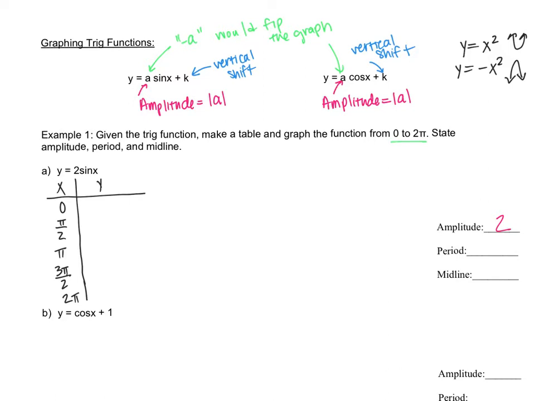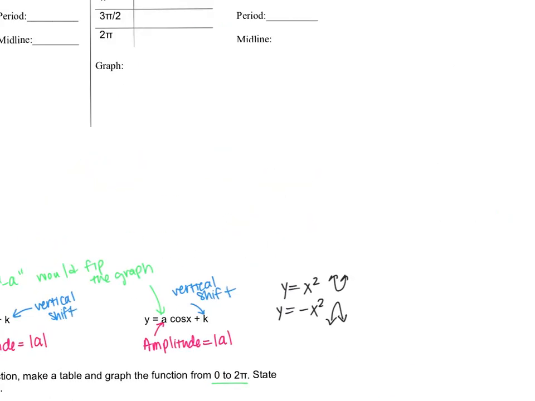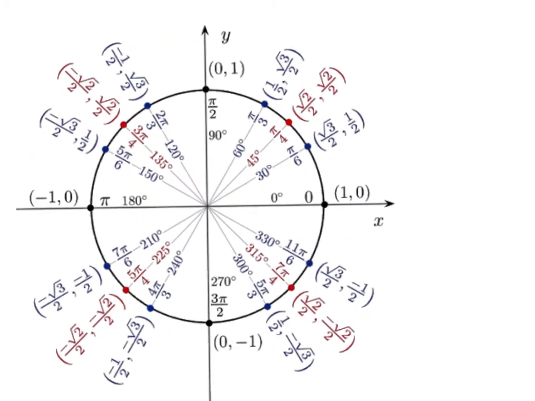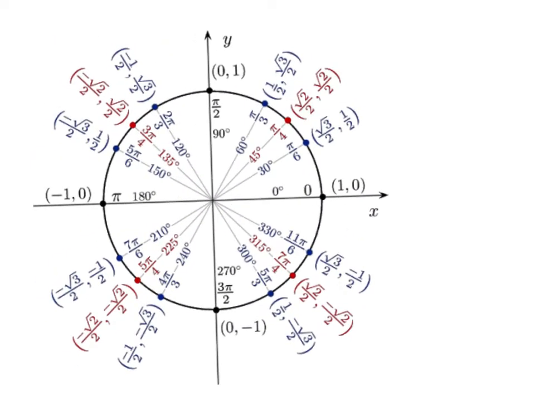Now I'm going to plug these values in for x, for sine. So this is going to be 2 sine 0. So if I were to go to the unit circle at 0 radians for sine, let's just go real quick. So grabbing a unit circle here to look at, we can see that at 0 radians, the sine value here, or the y value, because sine is always connected to the y value, is 0.